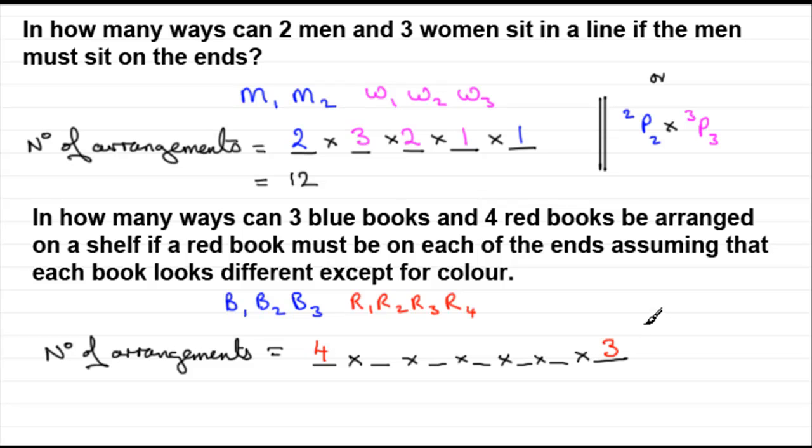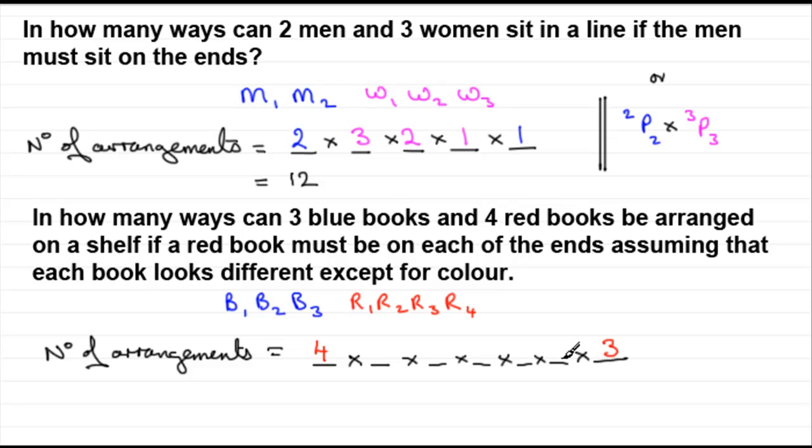Now you've got to be careful here because, okay, we've put the red books at the end, we've used up 2 of them, but really we can have red books in here as well as blue books. So we've got now 1, 2, 3, 4, 5 other books to choose from. 3 blue books and 2 other red books, 5 books in all.